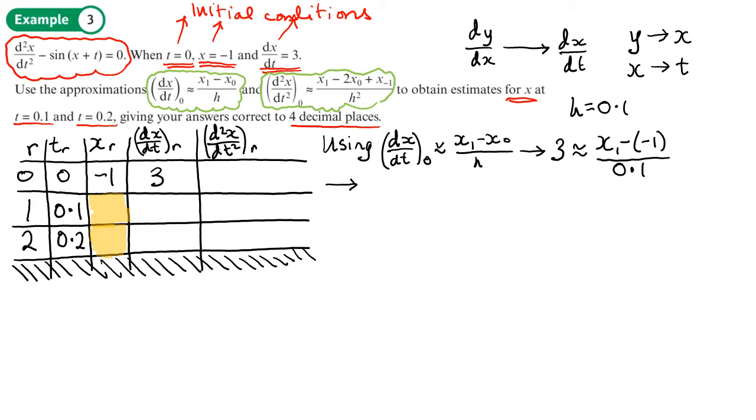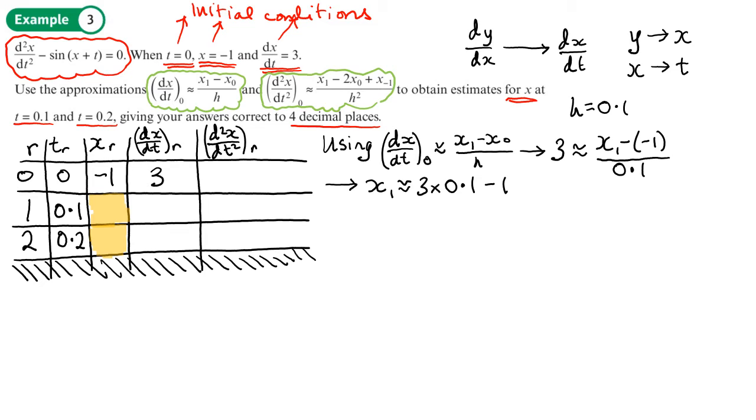So from there it's just quick rearranging. x1 will be approximately 3 times 0.1 minus 1, and you'll recognize that basically as Euler's method. These approximations here, we rearrange them, and it's basically Euler's method.